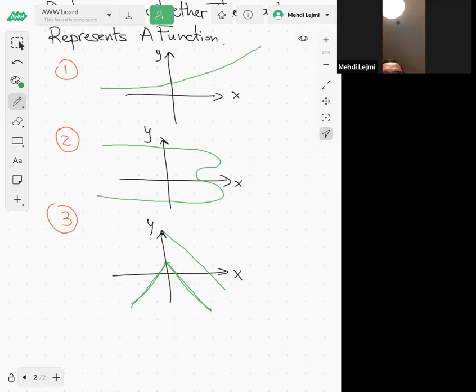So I'm going to give you, let's say 1-2 minutes, guys, to think about this exercise. All you have to do is use this vertical line test, right?